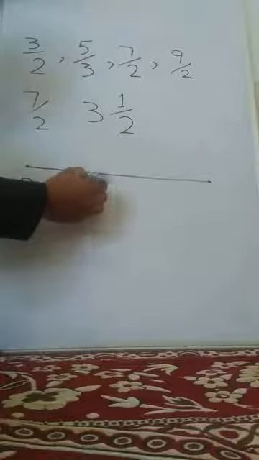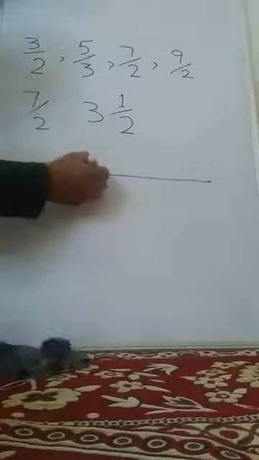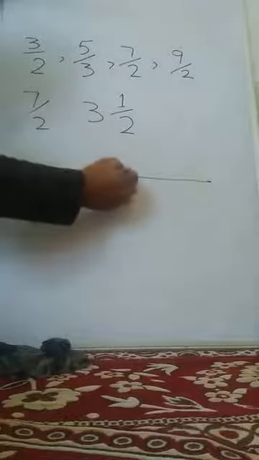Now let us represent 3 and 1 by 2 on a number line. We have a number line. This point is 0. This point is 1. This point is 2. And this point is 3. This point is 4.